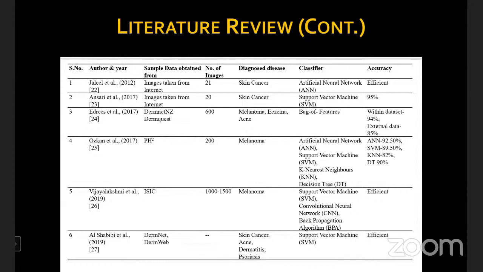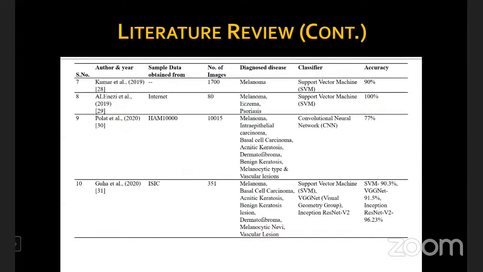Another study used DermNet and DermWeb as online repositories for taking the images, and the diagnosis was made for skin cancer. Diagnosis was done for melanoma, which is a kind of skin cancer, and the classifier used was again support vector machine, and the accuracy achieved was 90%.